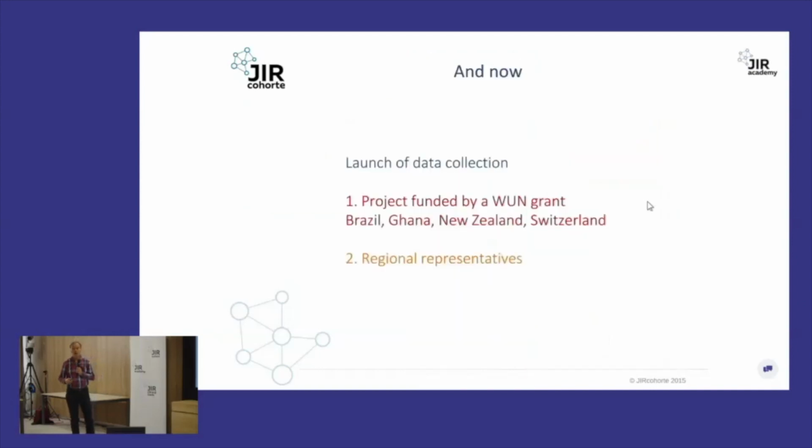And now, how will we go forward? We have to launch the data collection, and for this we have 2 ways. The first way is through a project which was funded by the World University Network, and where we will send the questionnaires in 4 countries participating in this WUN project: Brazil, Ghana, New Zealand, and Switzerland.